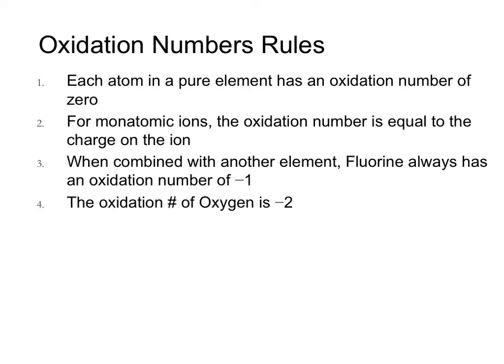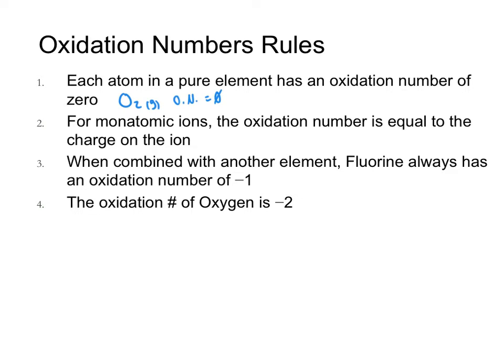The oxidation number of oxygen is always going to be -2 if it is not in its pure elemental form. Remember, anything in its elemental form has an oxidation number of 0. And so O2 in the gas phase will have an oxidation number of 0. Any other time that oxygen is in a compound, it is going to have an oxidation number of -2, however.